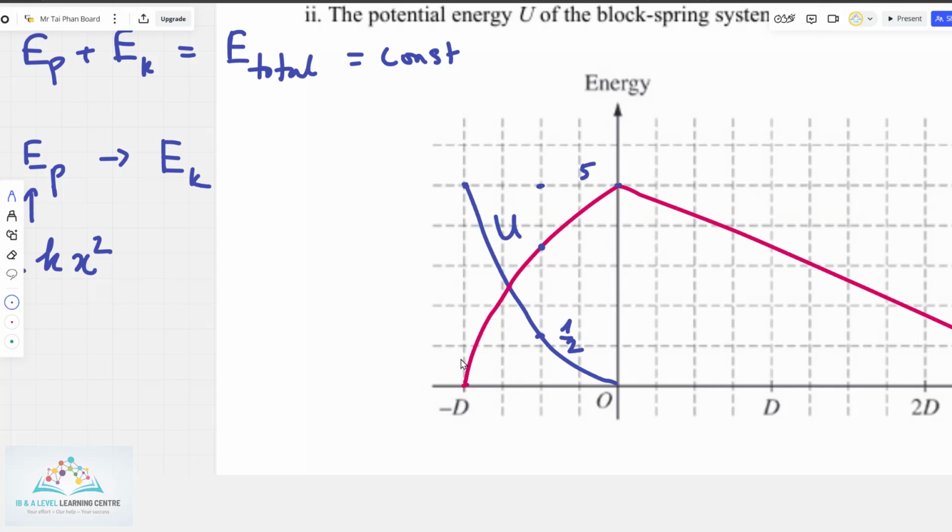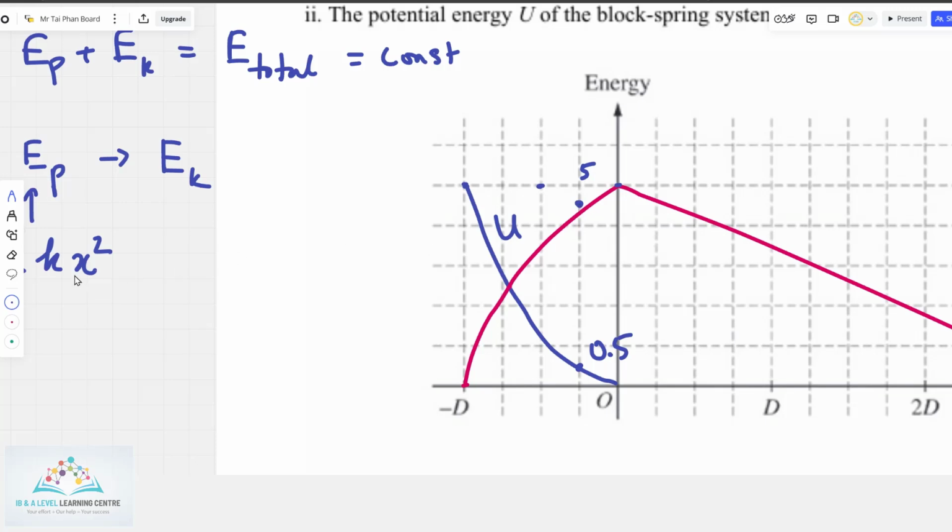Meaning that the graph is not very accurate. 3.8 here, 3.8 here, so that the sum with 1.2 is the number 5. Similarly, another point here, for example this point, the potential energy is 0.5, the kinetic energy must be 4.5.